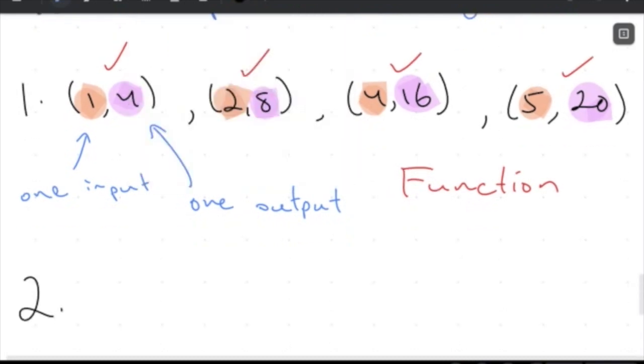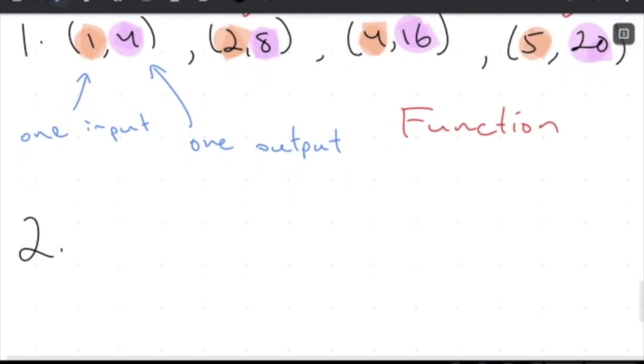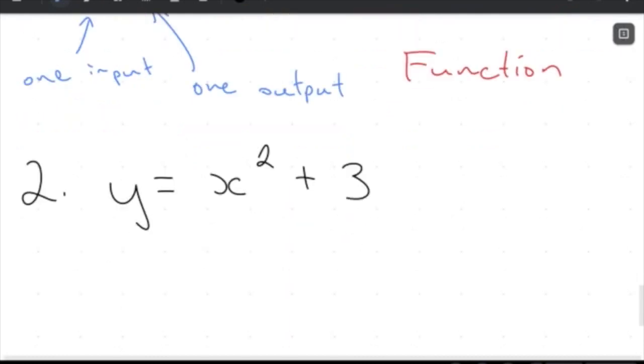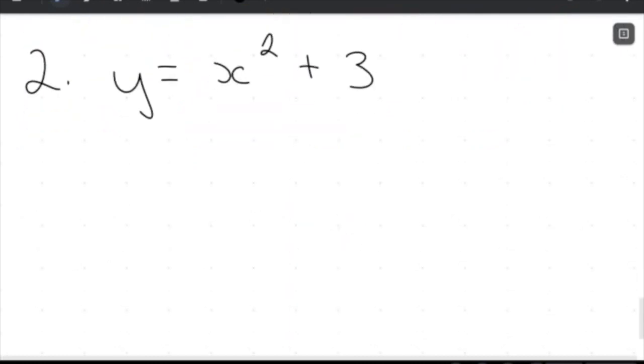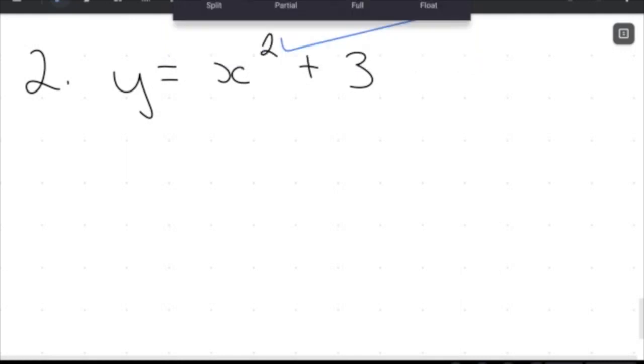Now, this second thing here, we want to see if y equals x squared plus 3 is in fact a function. We need to revisit something that we learnt earlier on in this series. We need to say, well, what is this x squared business?